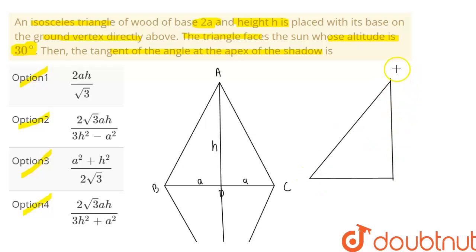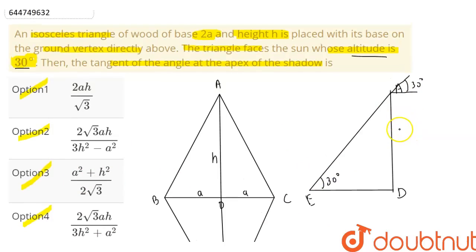So here we have all the 3 points, A, D and E. It is also given in the question that the altitude of the sun seen from this point A is 30 degrees. So this angle AED is 30 degrees according to the question. We also know the length AD is given to us as h.